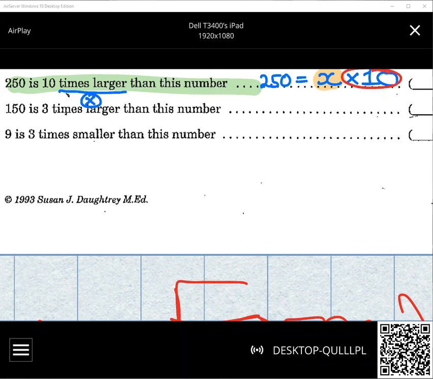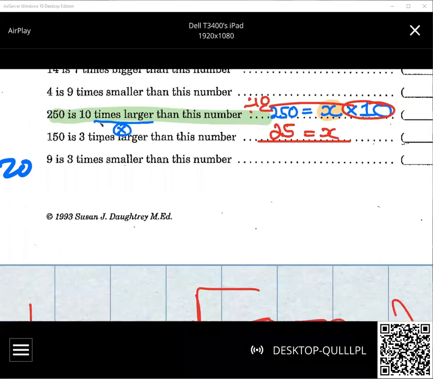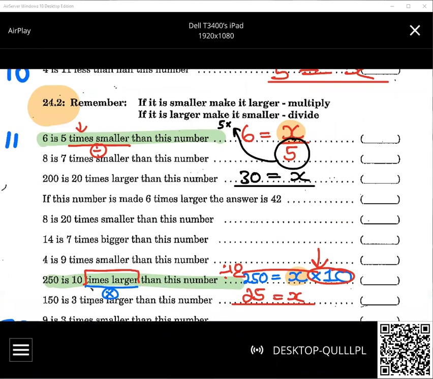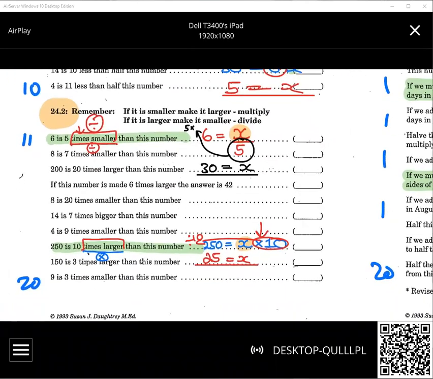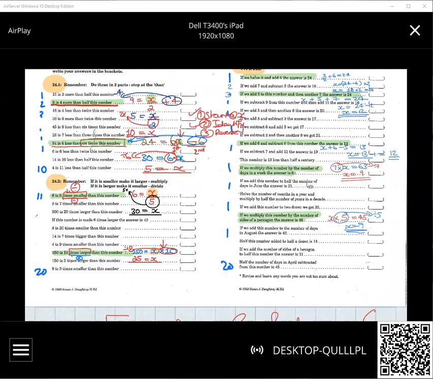That's what you got, the times by 10, take it over. So what's the answer? 25. So when they say times larger, you have to do times. And when they say times smaller, you have to do a divide. Okay. And all those will be in homework. Okay.